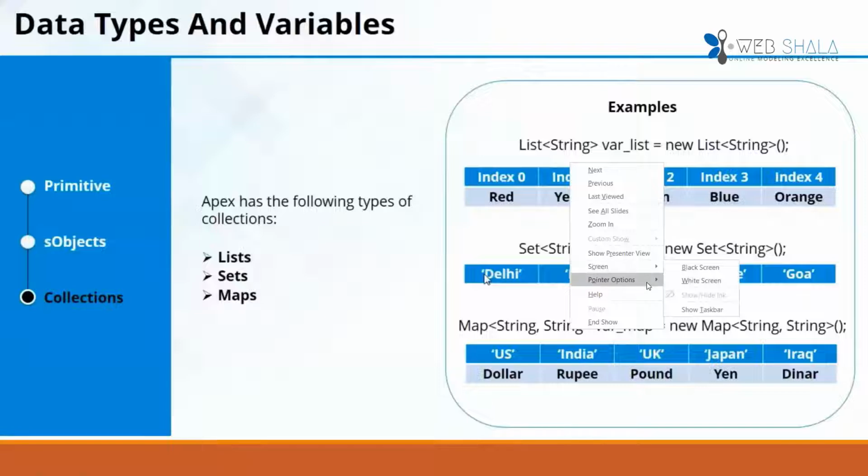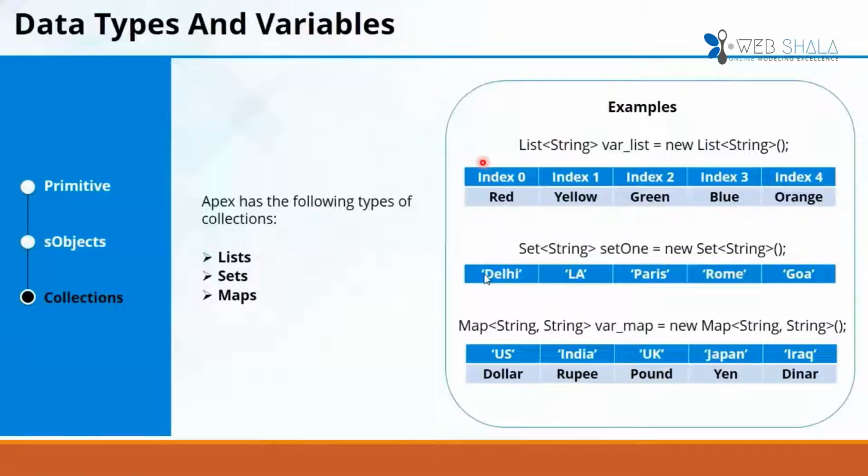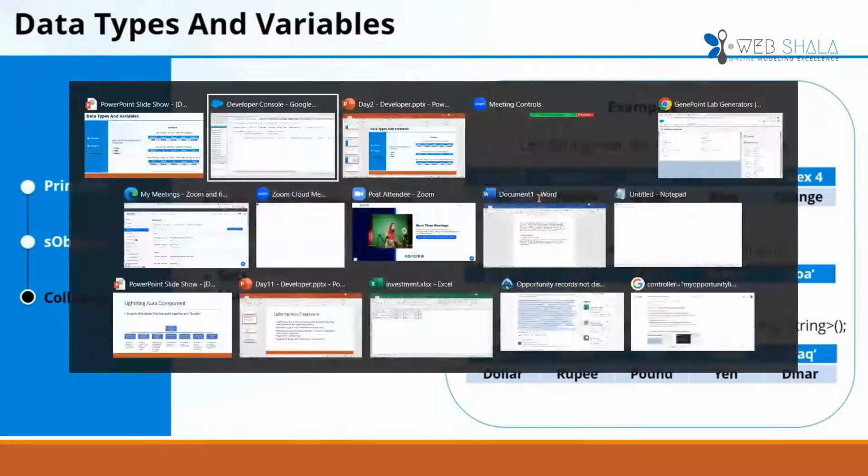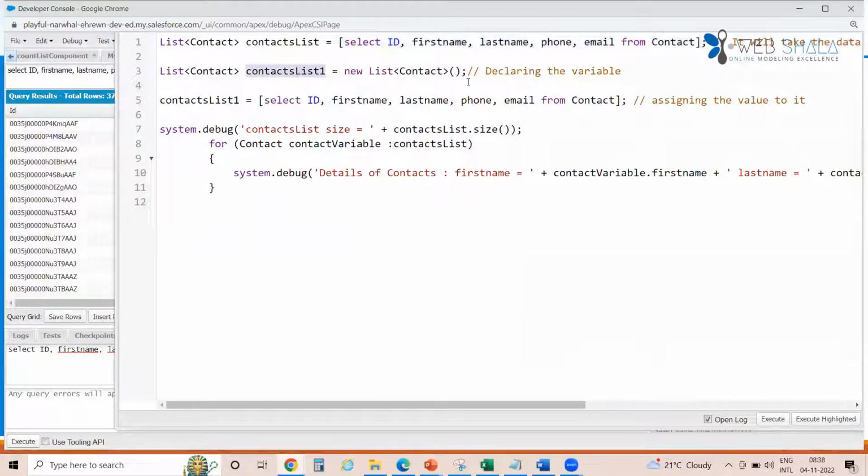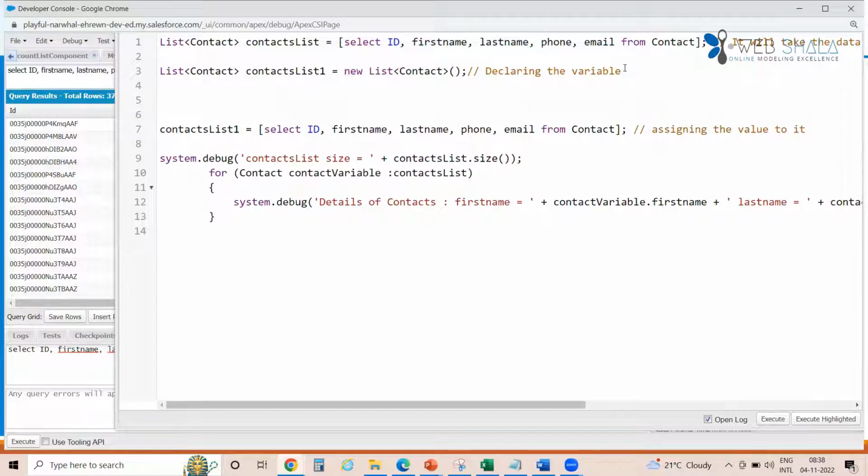And whenever I am talking about any list, this entire image should come into your mind. Whenever I'm calling a list, it means what is inside it. Let's say from this query, five contacts are coming.